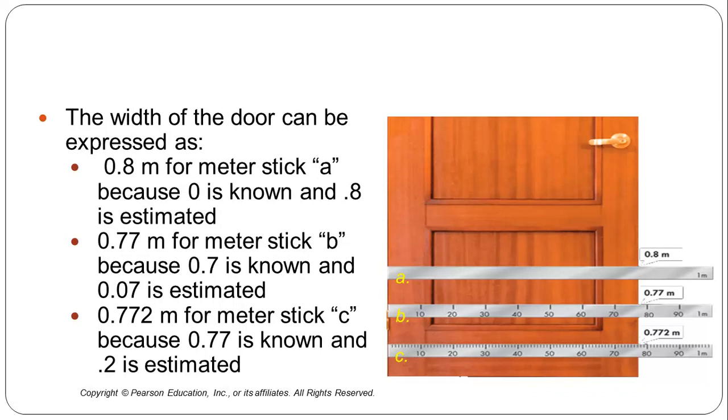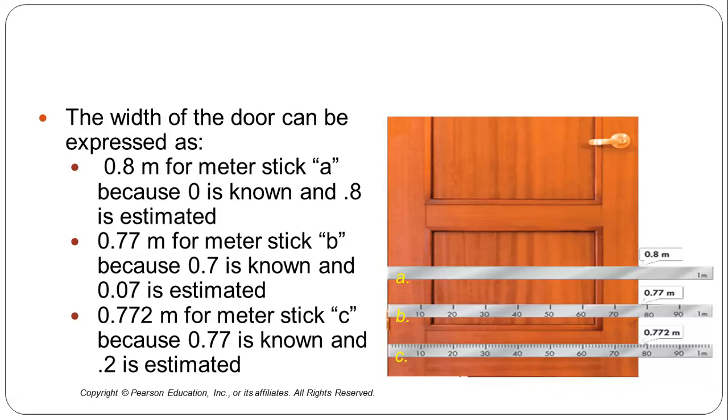For example, we have a door. The width of the door can be expressed as, say, 0.8 meter. On our meter stick A, the reading is 0.8, because 0 is known and the 0.8 is estimated. It is less than one meter, so it is 0.8.